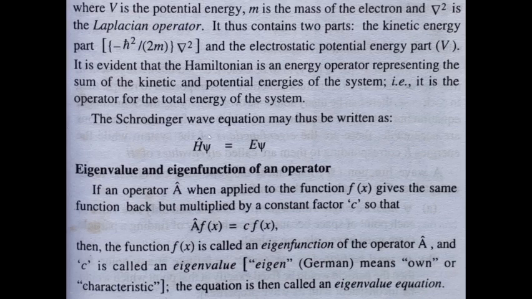So the Schrodinger equation obeys the eigenvalue equation, or it is an eigenvalue equation, psi is the eigenfunction, E is the eigenvalue, and H hat is the operator. Then the function f(x) is called the eigenfunction of the operator A, c is called the eigenvalue, and the equation is called the eigenvalue equation. Hope you understand it.